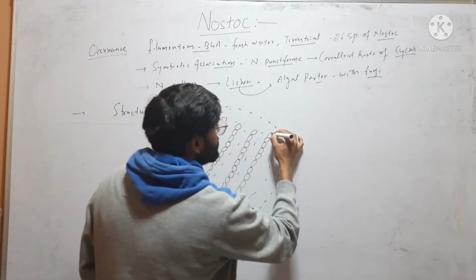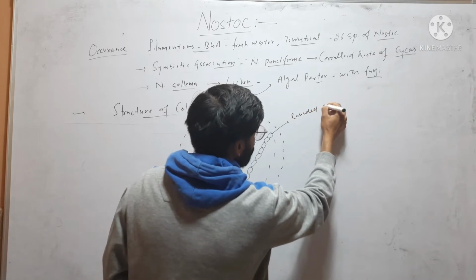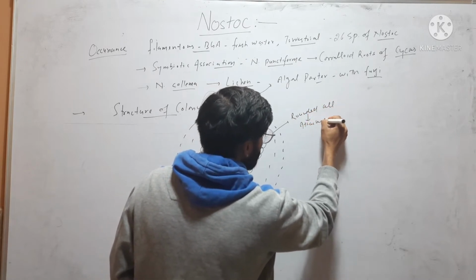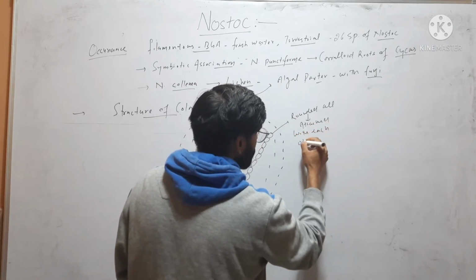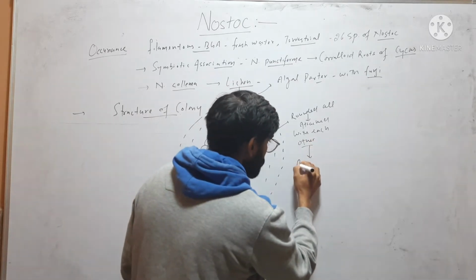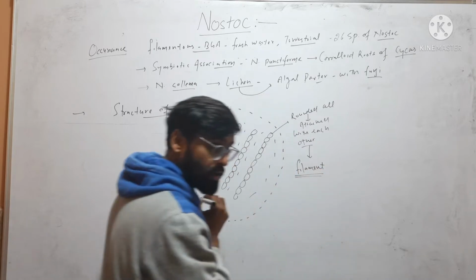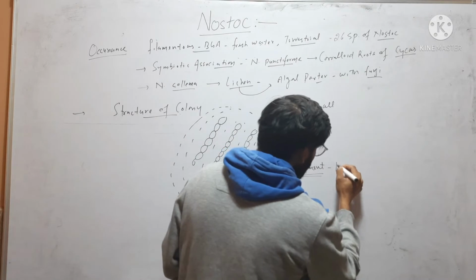So look, these are rounded cells which are attached with each other and form a filament, and this filament is also called trichome.